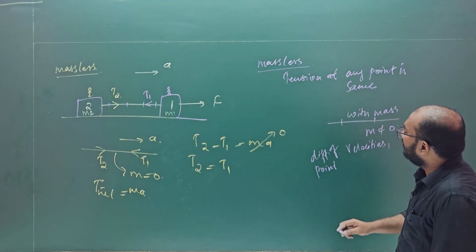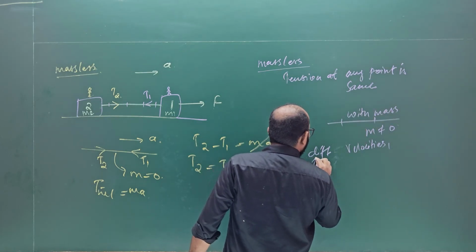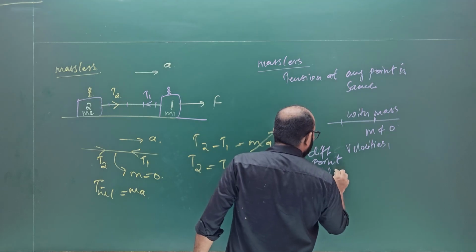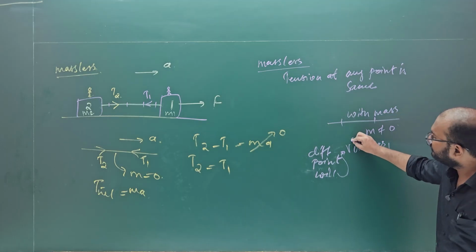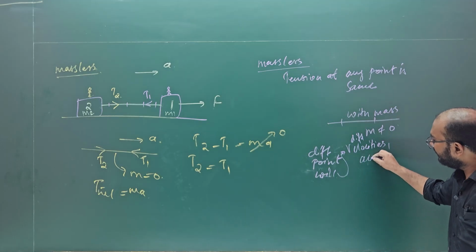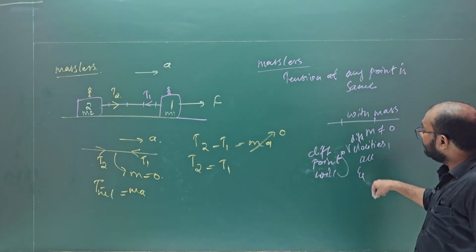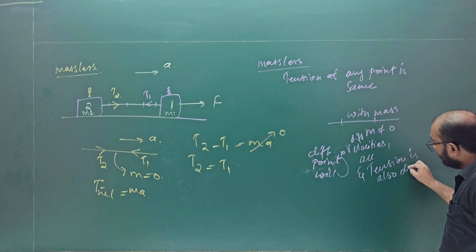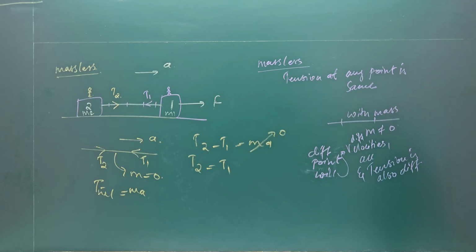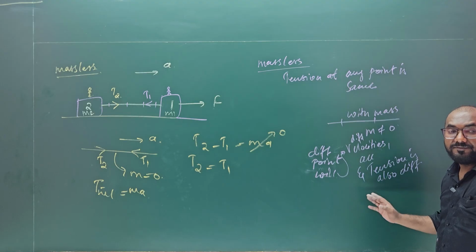Different points will have different velocities. Write it like this: different points will have different velocities. Definitely if velocities are different, there will be different accelerations, and tension is also different. So in a mass string where the mass is not equal to 0, always remember that the points will have different velocities, different accelerations, as well as different tension.